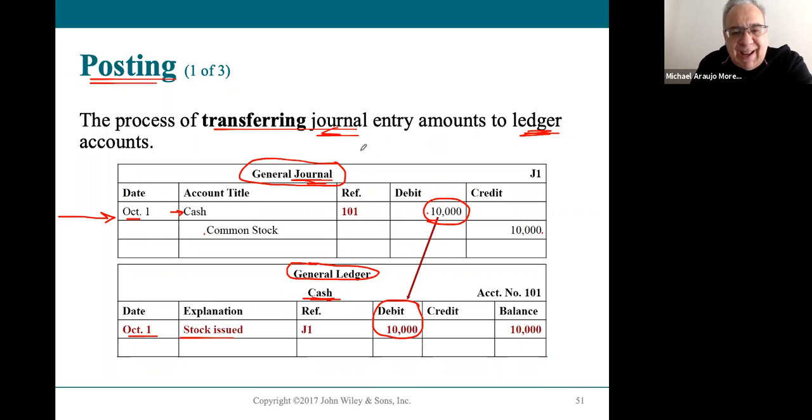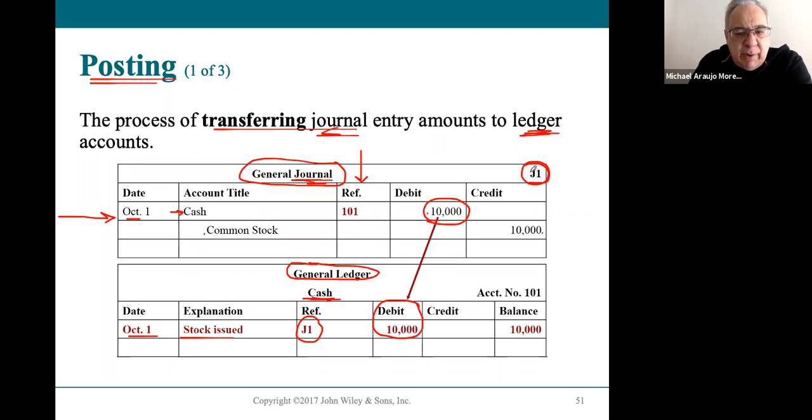Something that came up in last class is, what is this reference column for? You're not really going to see the reference column on any of your homework assignments, but what it does is it provides us with literally a reference, a checkpoint. So for example, this shows a reference of J1. But what does that mean? Well, J is the journal, page 1.